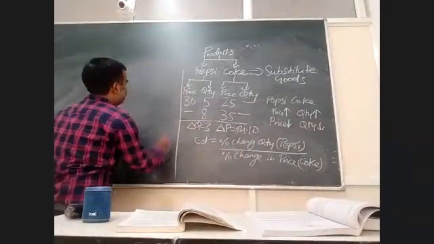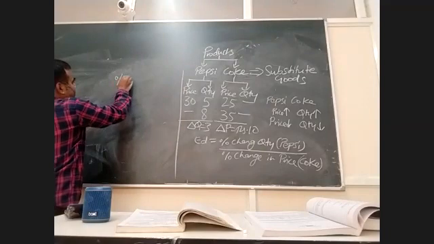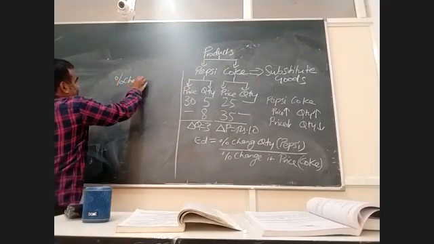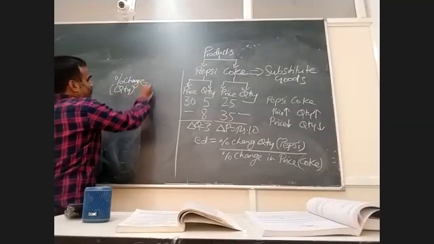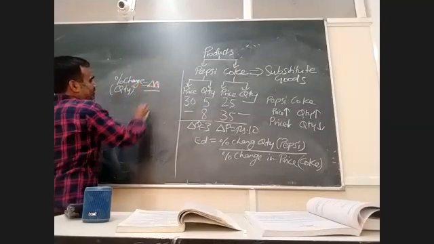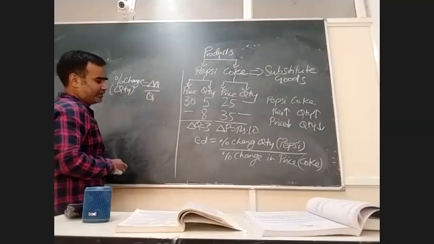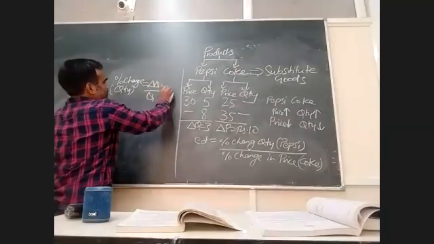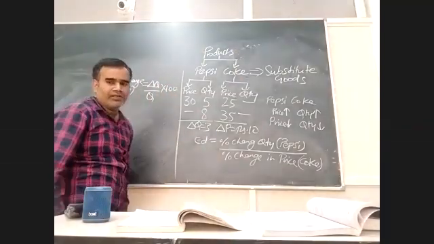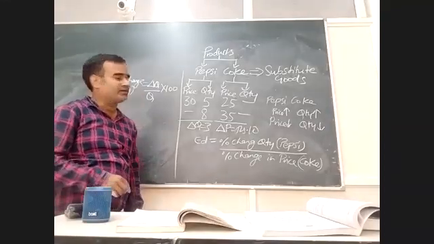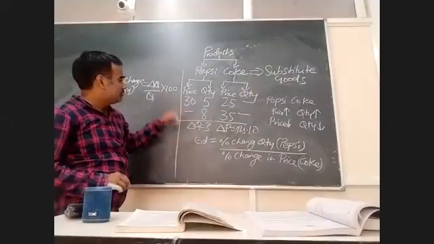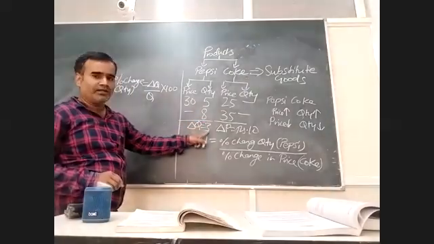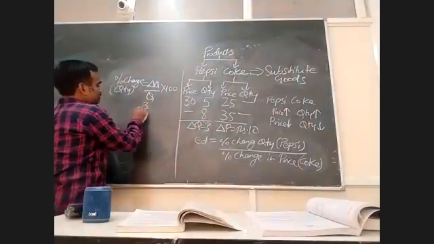How to find? Percentage change in quantity is equal to change in quantity divided by original quantity into 100, because when we multiply with 100, we get the percentage. Change in quantity is from 5 to 8, so the change is 3.